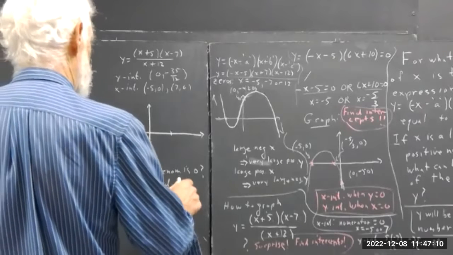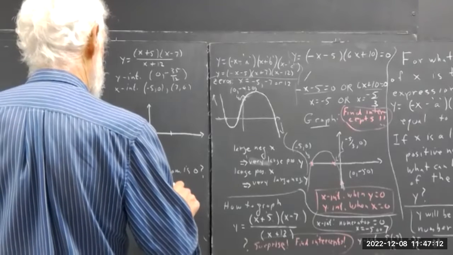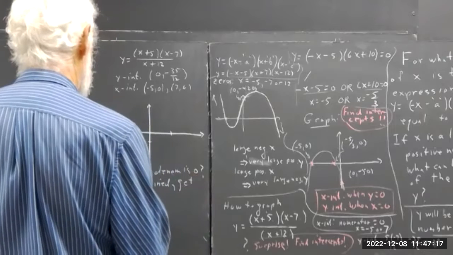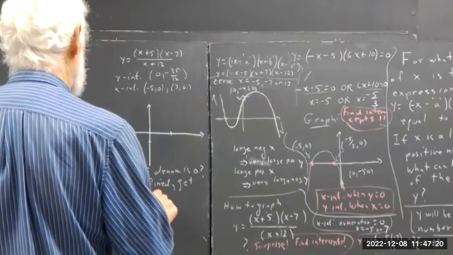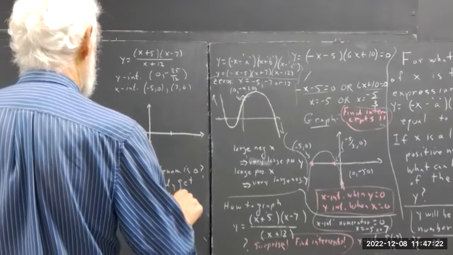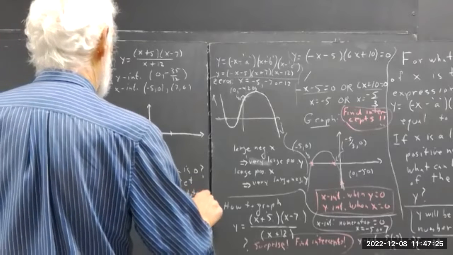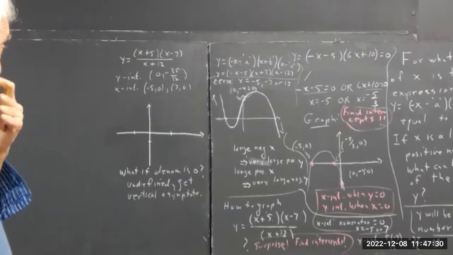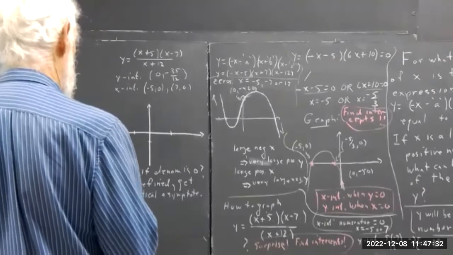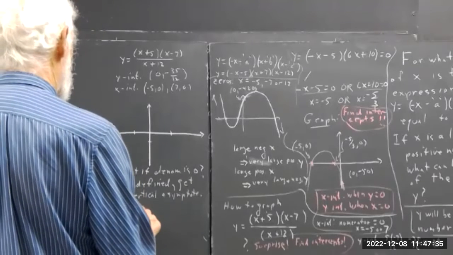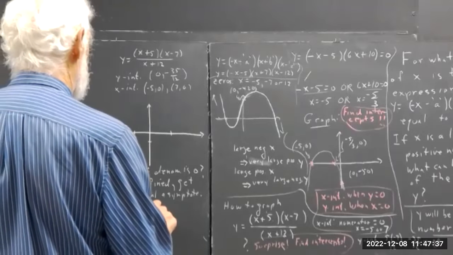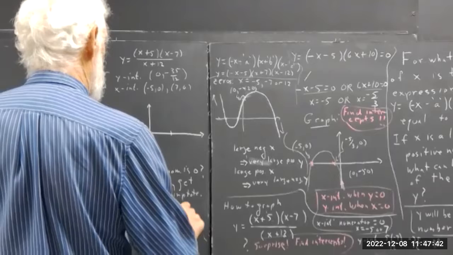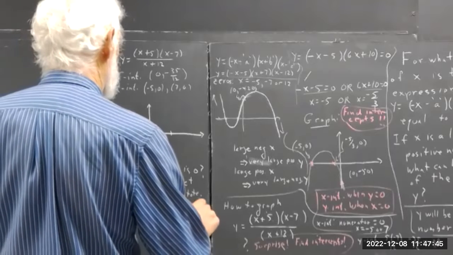And we generally, usually get a vertical asymptote, unless the numerator also happens to be zero. Okay, well, denominator is 0 means x plus 12 equals 0.